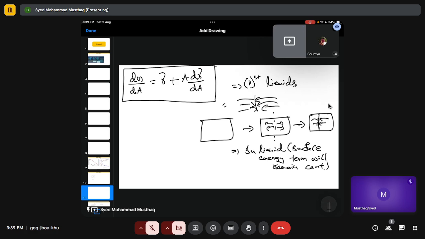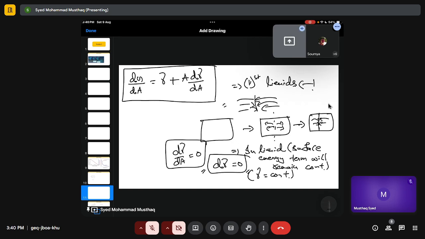So that's why this surface energy term remains constant. When you do the differentiation, it will become 0, right? There is no change in the surface energy term. So if it remains constant, then differentiating with respect to area will be 0. So for the liquids case, dG by dA will be equal to gamma.